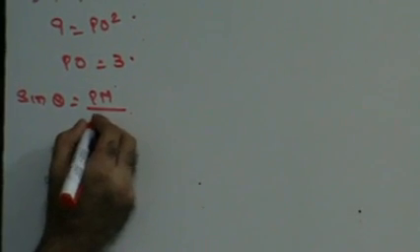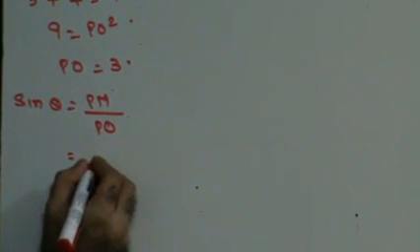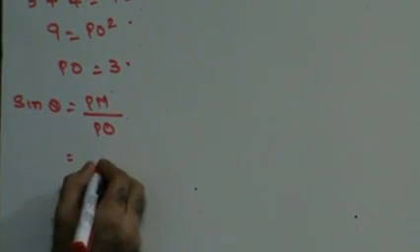Sine theta is opposite upon hypo. So sine theta is PM, which is minus 2, upon hypo, PO, which is 3. Cos theta is adjacent upon hypo. Adjacent is OM, hypo is OP.